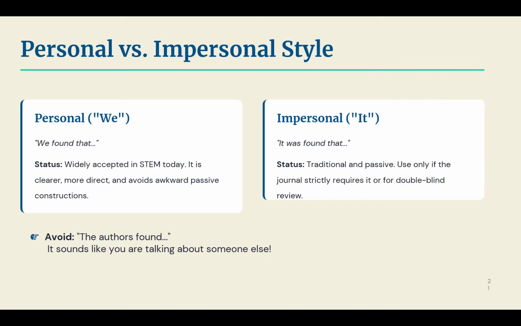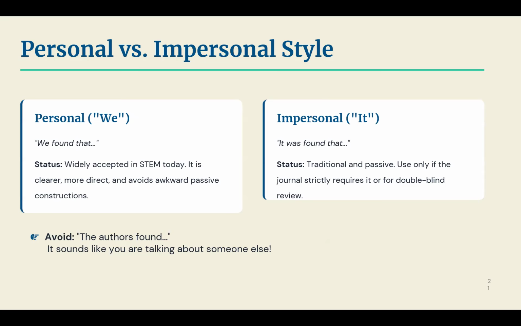In the impersonal style, other than reporting as we or I did it, it is reported in a very impersonal way, as you know, the passive way: instead of saying we found that, it says it was found that. So the we is hidden, but it does not mean that you are not there.